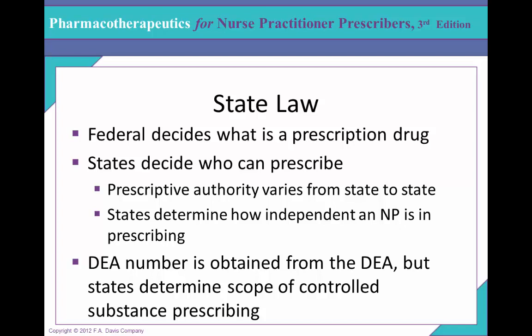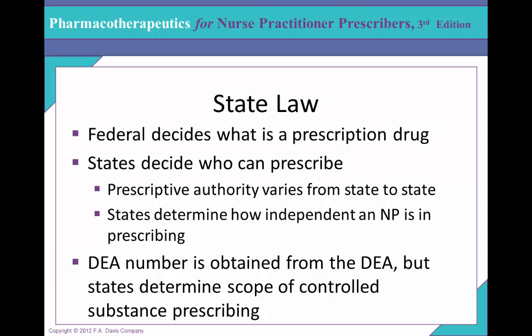So, who decides what a prescription drug is? Federal law basically establishes whether a drug requires a prescription or not. The authority to prescribe, or prescription authority, is a function of the state, and because of this, it does vary state by state.